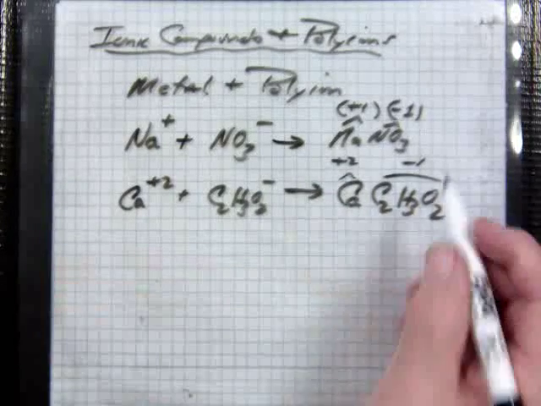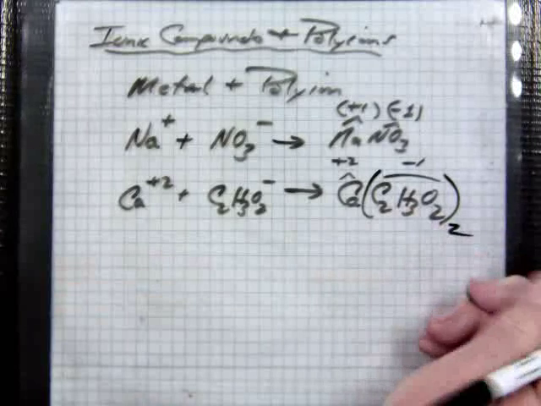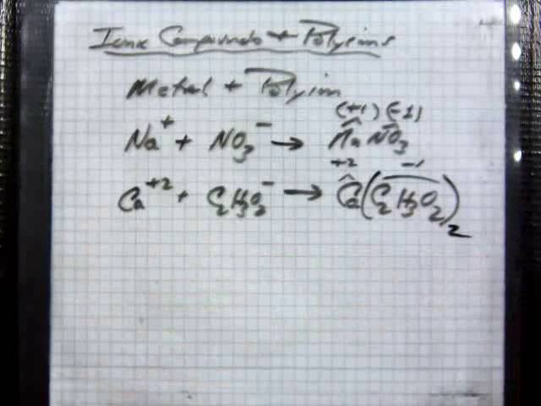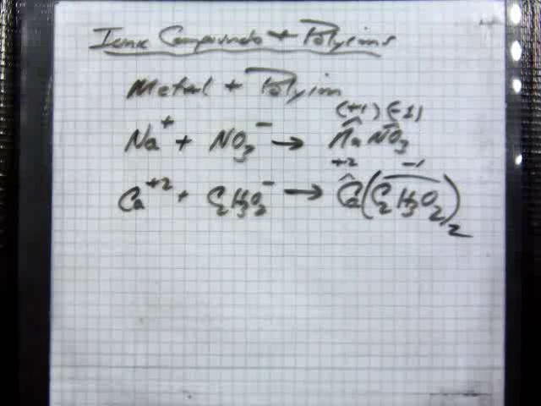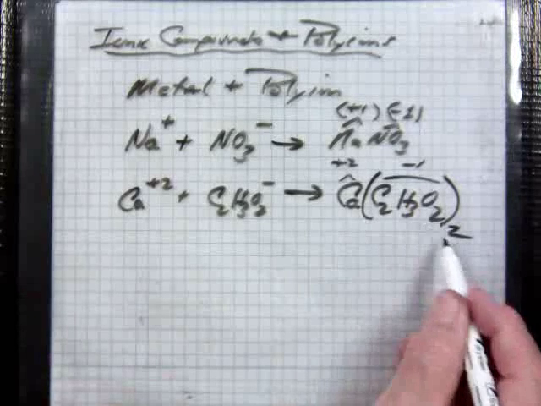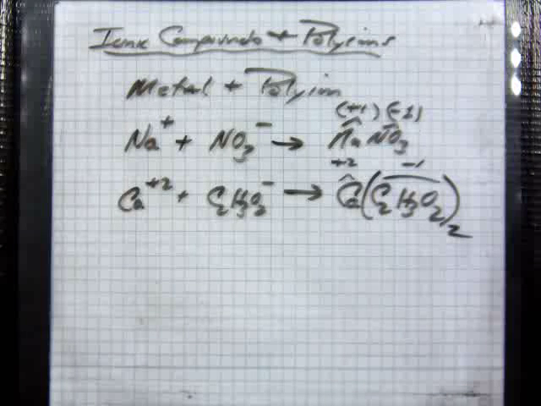So you have to put that in parentheses and put a 2 here to indicate that calcium acetate contains 2 acetate ions. Now, you have to use the parentheses or you'd wind up with 22 oxygens in there.